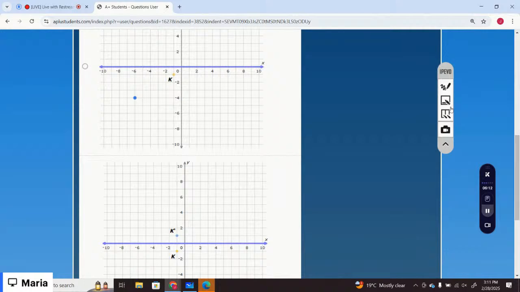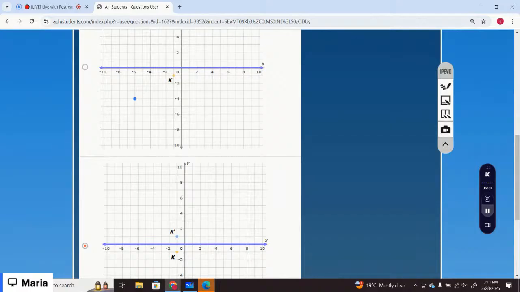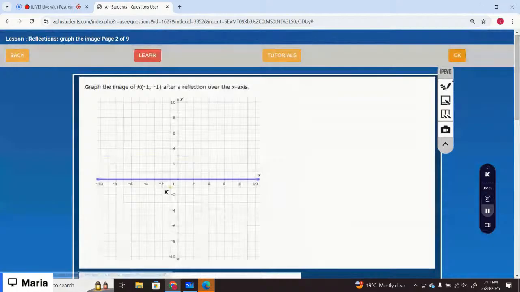The reflected image would be option number 2 because K is 1 point below the x-axis. The reflected image would be 1 point above the x-axis. So that is option number 1. Okay, let's just move on to the next question.